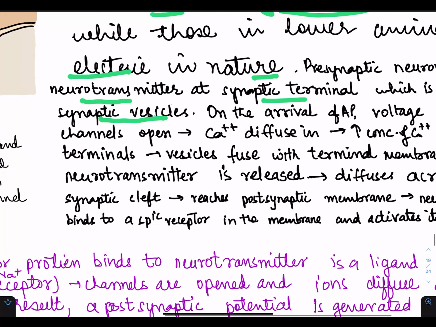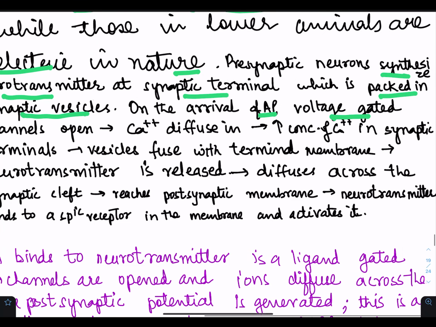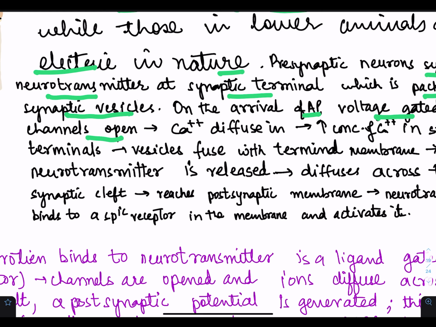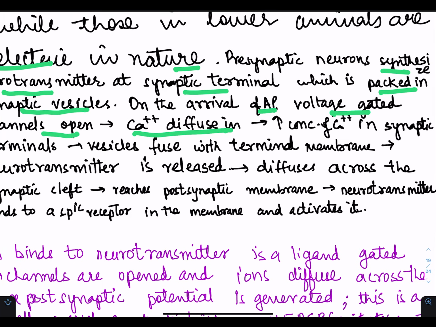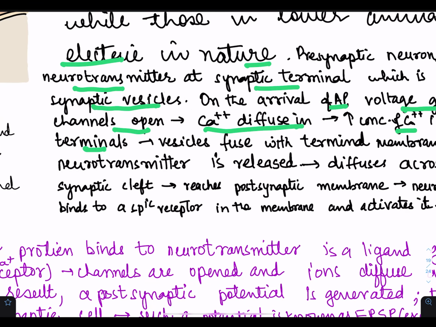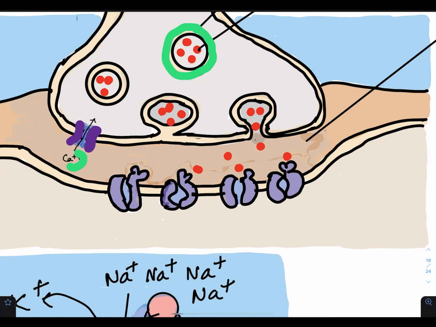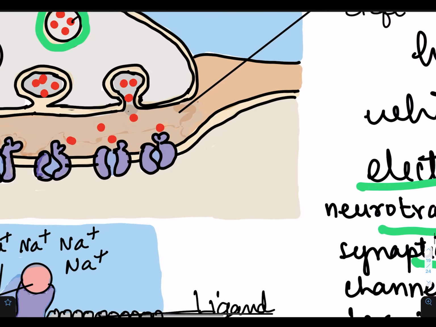On arrival of an action potential, voltage gated channels open and calcium diffuses in, as a result of which there is a high concentration of calcium ions in the synaptic terminals. We see here calcium is moving in.